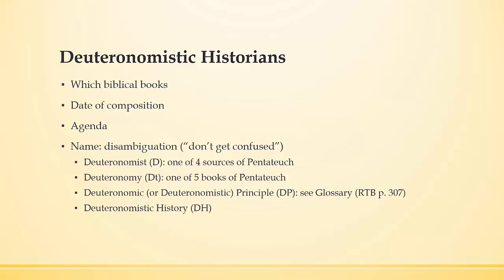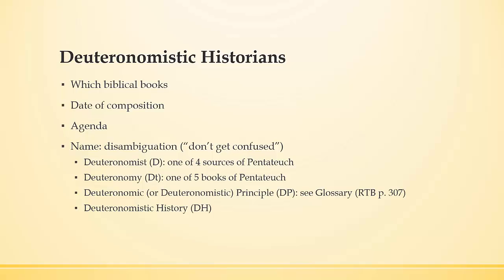Then there is the Deuteronomic principle, or sometimes referred to as the Deuteronomistic principle, DP. There is an entry at the back of RTB in the glossary on the Deuteronomic principle. It's also explained in chapter 4.